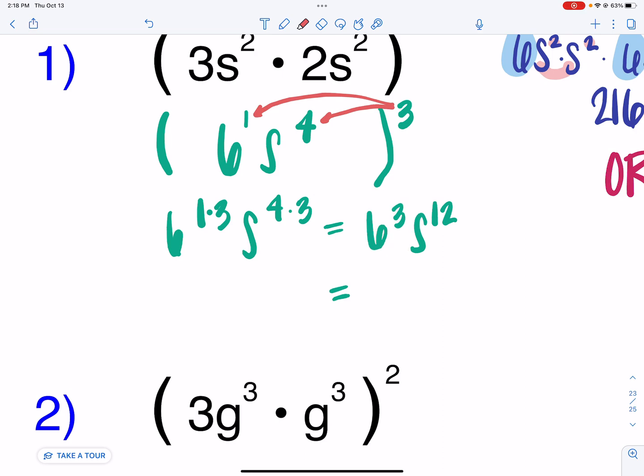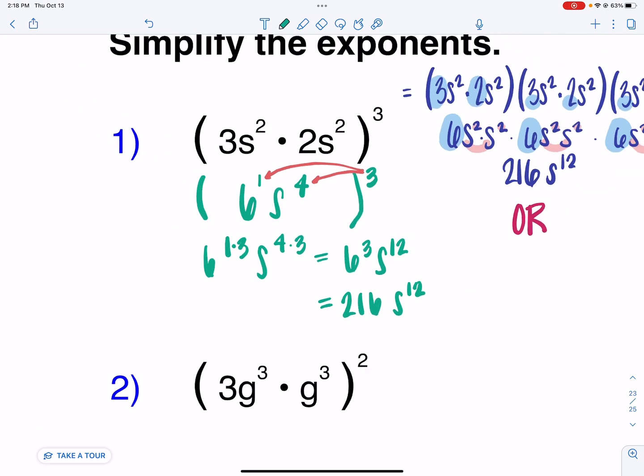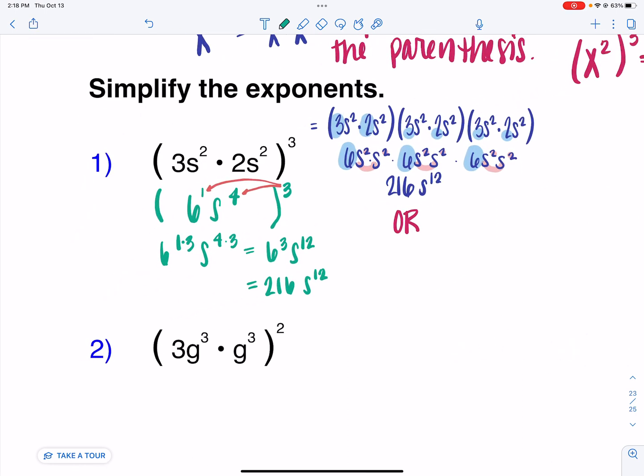And I know from sneaking in a little Desmos action a second ago that this is 216 s to the 12th. So regardless of which method you use, you wind up in the same situation. I put in some baby steps in that one. Once you get comfortable, you can leave out the baby steps. If you get an answer where you think, that doesn't look quite right, you can always use this first method to write it out and add them up and see if you got it right.